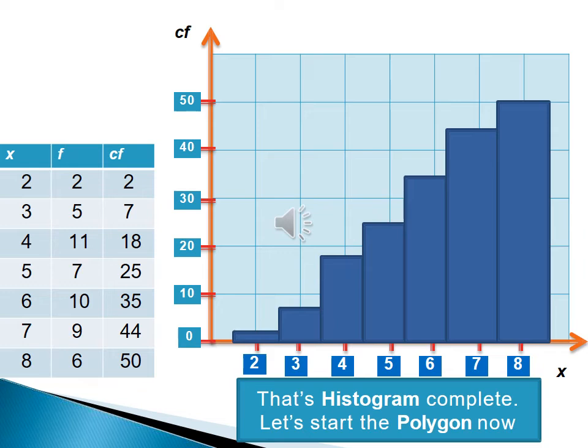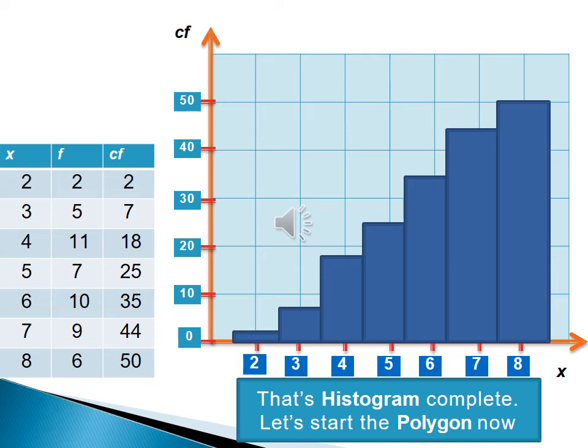histogram. Making a histogram, as you can see from the previous slides, is very easy. You just have to mark the cumulative frequency value on the y-axis and the x values on the x-axis. As x is our class mark and has a cumulative frequency value 2, we make a bar of value 2 at x value 2.